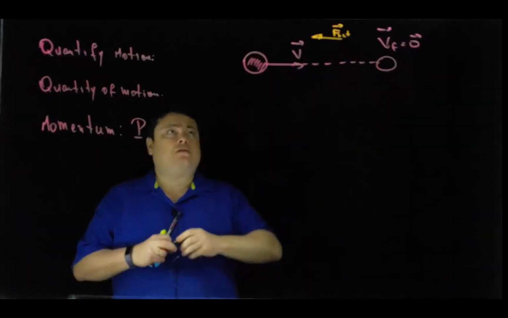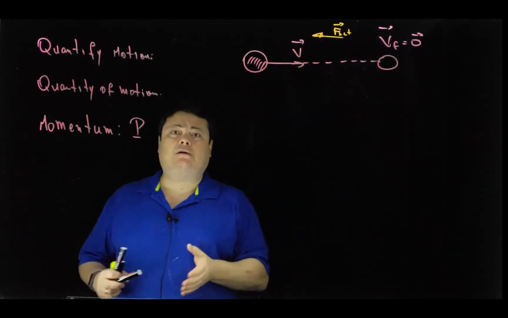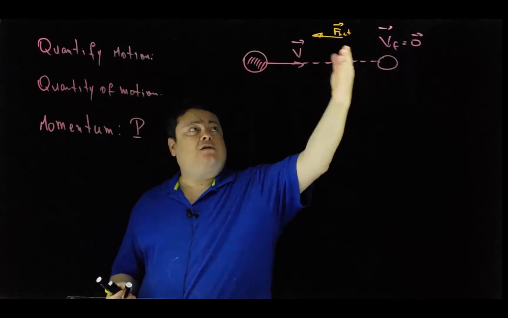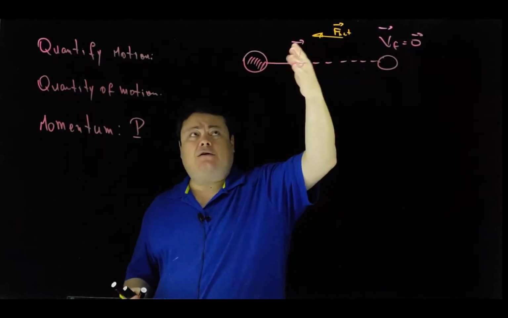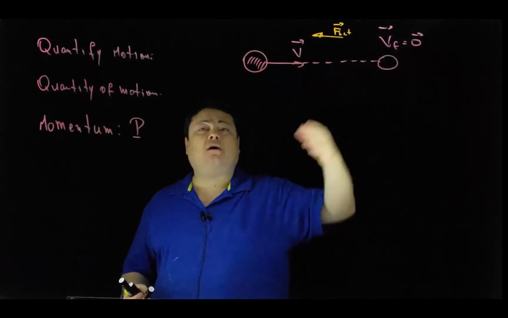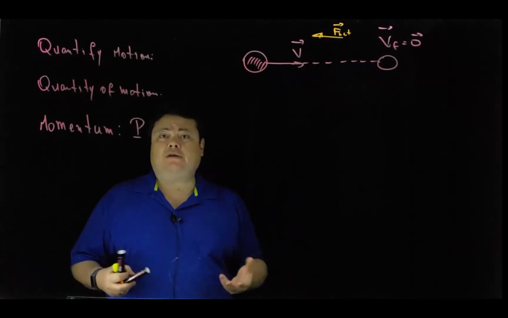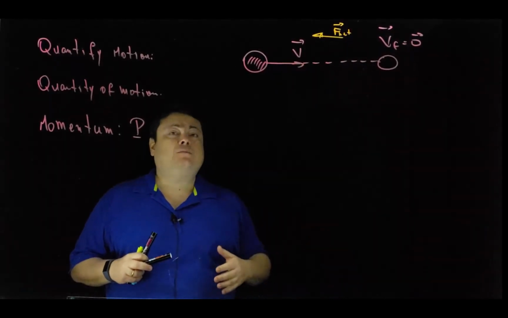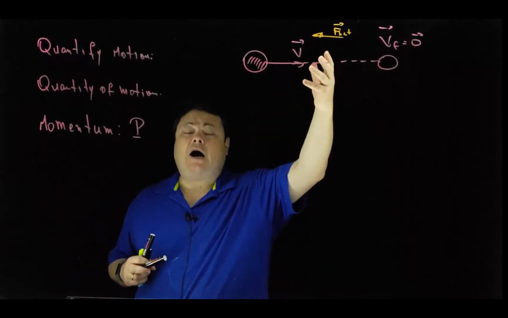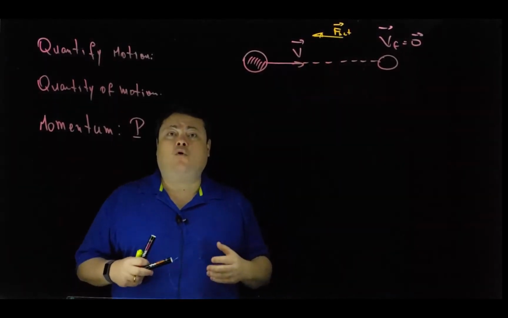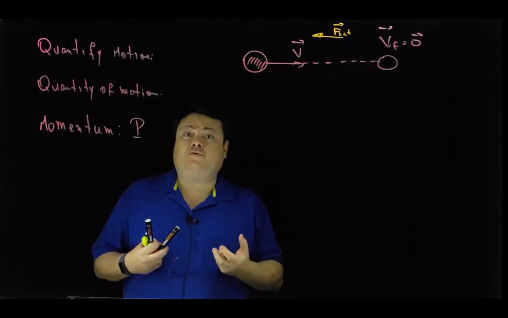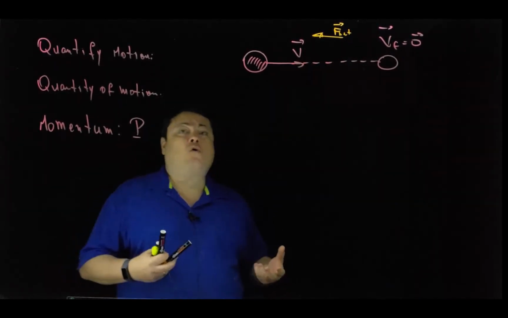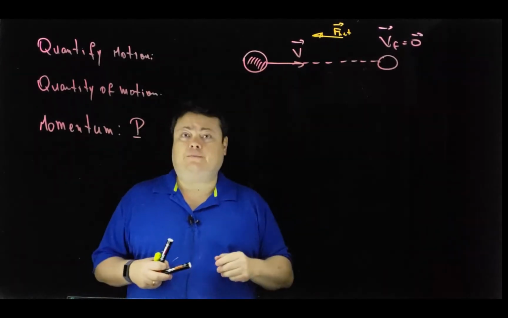So this moving object had some quantity of motion, some momentum. And this force, acting in the opposite direction, made it come to a stop, which means it ended the momentum of that object. Well, the more force I need, I would assume that more momentum needs to be removed, more momentum I need to change, and therefore more quantity of motion I had before.